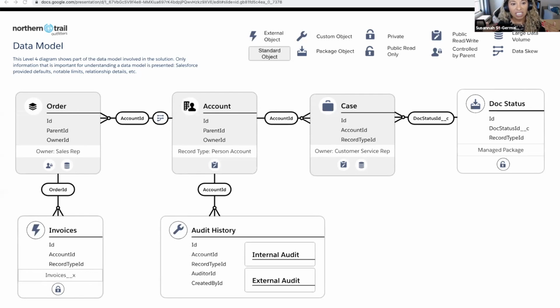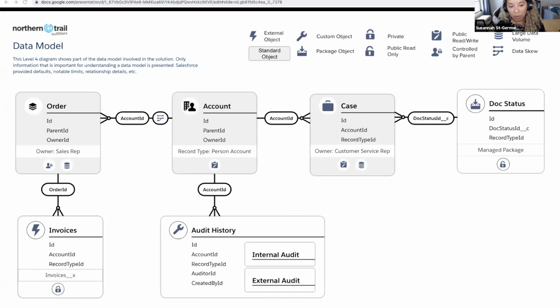And so what you're seeing here, something to point out, is you're not seeing product icons. You're really showing the greatest level of detail around the technical aspect so that someone can take a look at this and actually build the solution.